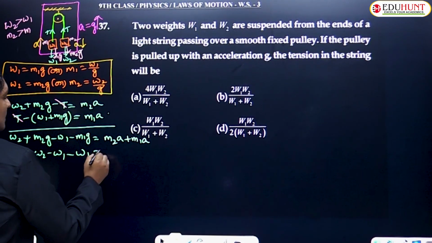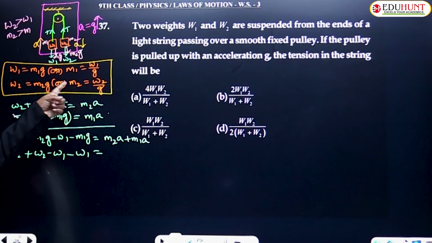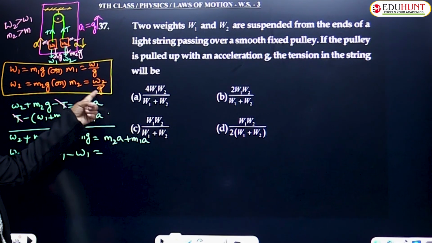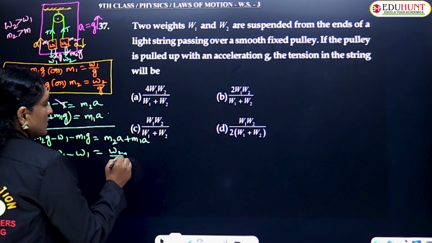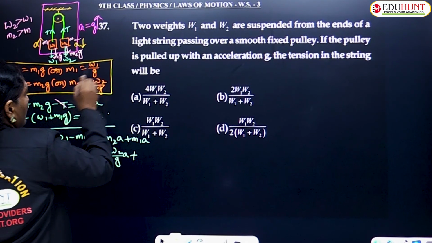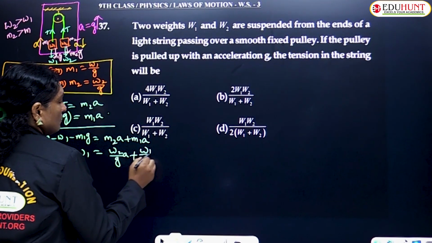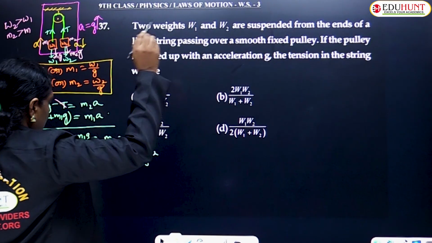So equals M2, and instead of M2, may I write it as W2 by G? Yes, so W2 by G into A plus M1 replaced with W1 by G into A. That's it.